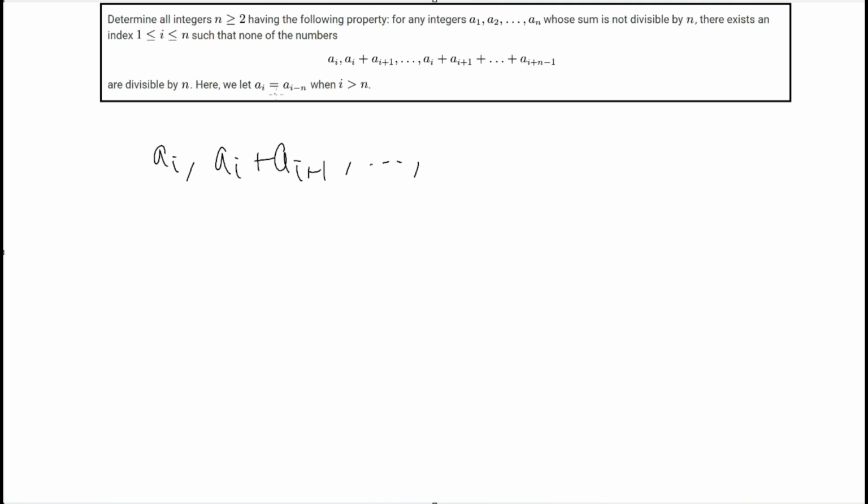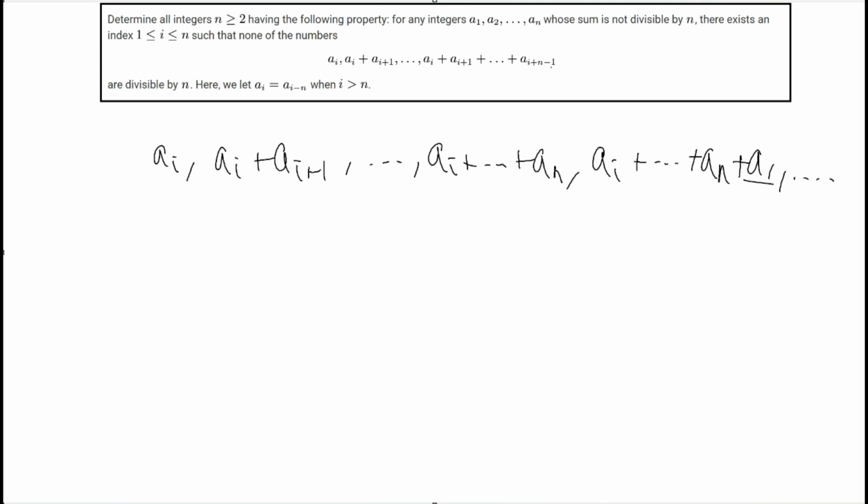And when we have this, we have to go back down, because that means that this is ai minus 1. So at some point, we're going to hit ai plus all the way to plus an. And then when we hit this, we go back to plus an plus a1. And then we continue from here.